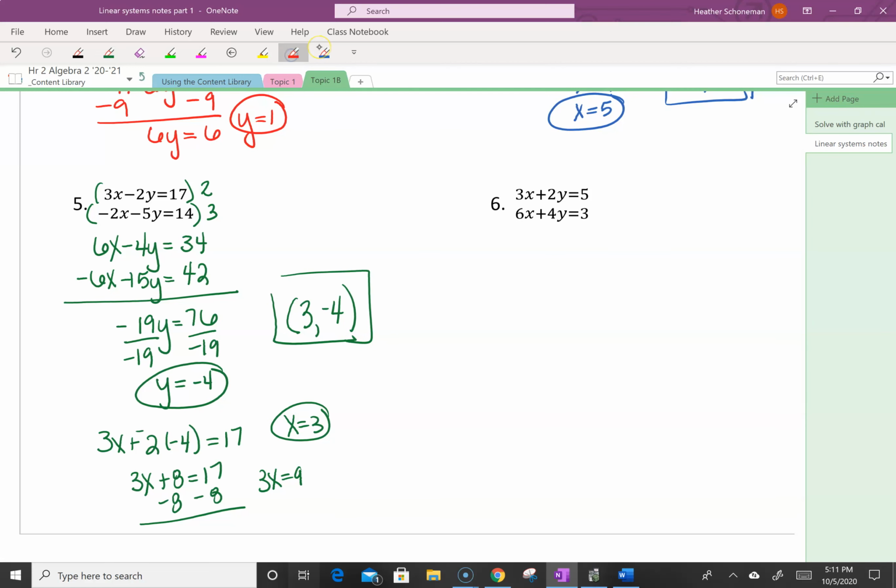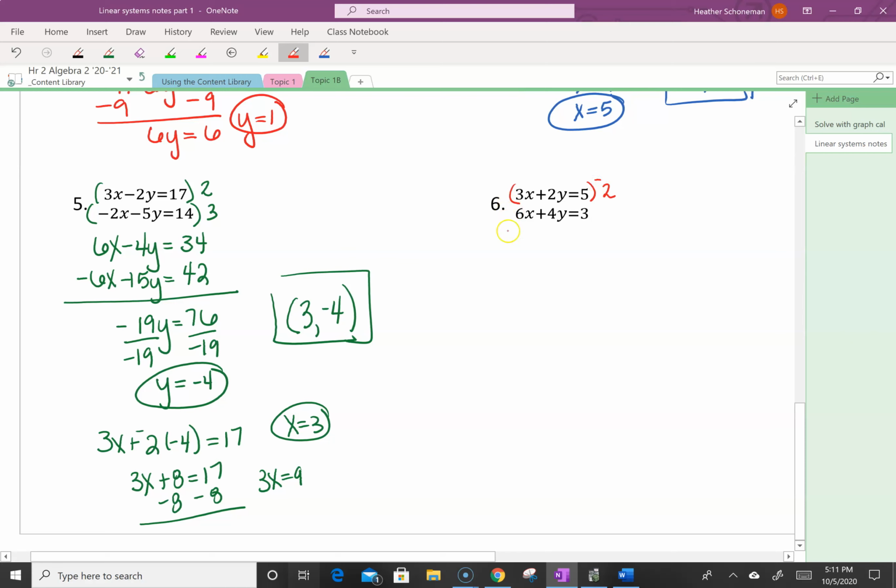All right, last one. Okay, well, if I look at the x's, I can multiply 3 by 2 to get 6, or I can multiply 2 by 2 to get 4. It doesn't really matter. I'll just try and eliminate the x's. Now, if I just do 2, they're both going to be positive 6. That's not going to cancel, so I really need to make it negative 2.